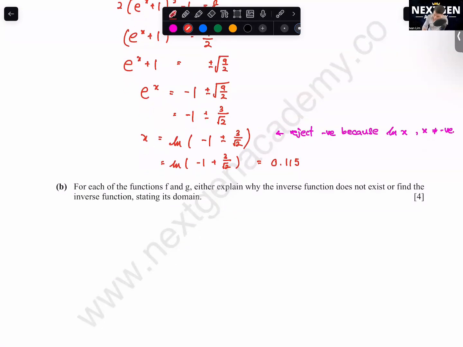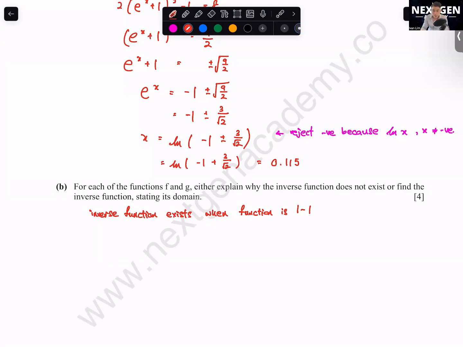So here, we have to know that the inverse function exists when the function is one-to-one, because when you reverse the process again, it's also still one-to-one. However, for many-to-one, the function exists, but when you inverse it, it becomes one-to-many, then it doesn't exist anymore.